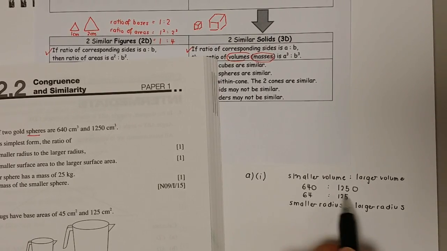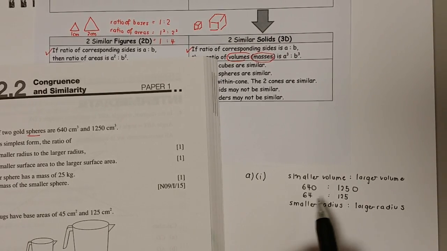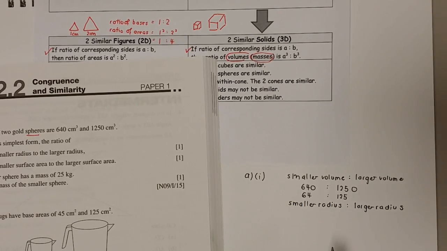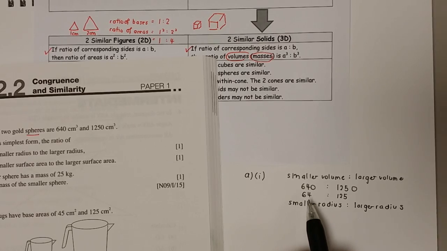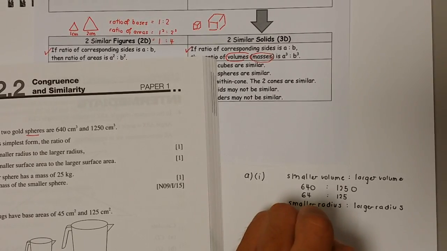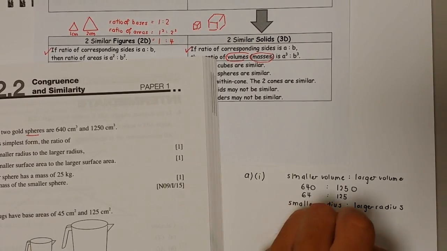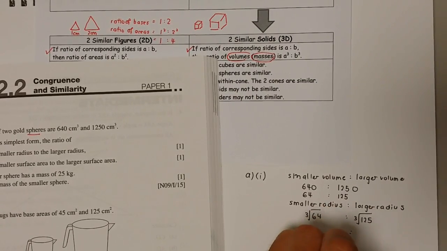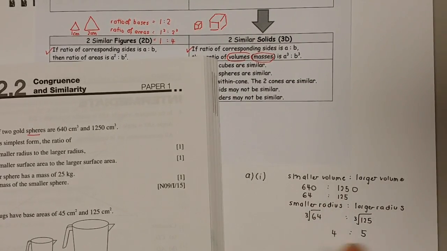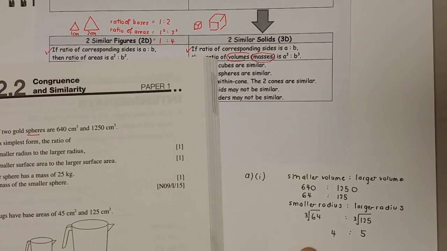This is still the ratio of the volumes, please remember. Then from here, to get the ratio of the smaller radius to the larger radius, which is a ratio of sides, we cube root. And that's how you do it. Now, this is the first part.